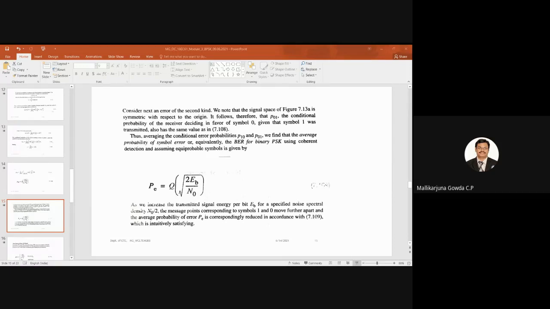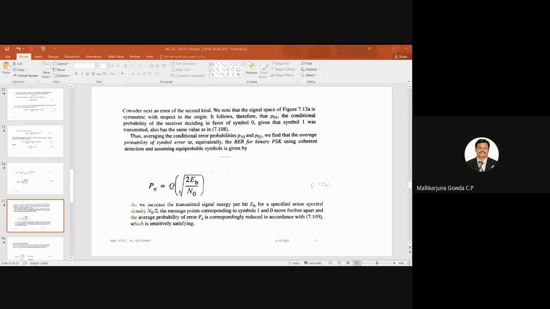See, the average probability of symbol error is directly proportional to what? The signal energy. That is the transmitted signal energy. So if the transmitted signal energy is increasing, then the message points which have been shown in the signal space diagram will be moving further away from the origin, right?